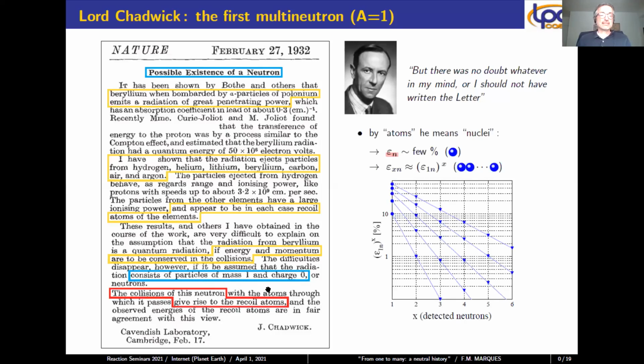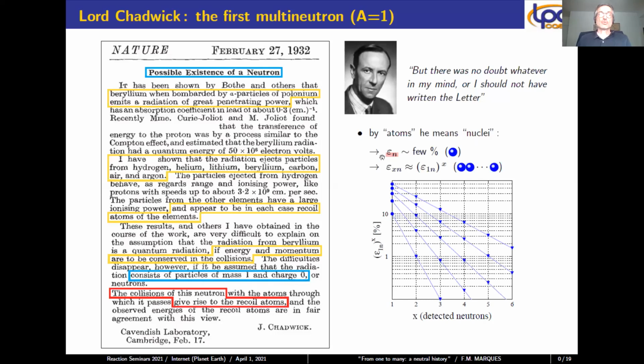And then in this same paper, in the conclusions, you see one of the problems in experiments involving neutrons: the neutron is neutral, so it has to collide with a nucleus. He said atoms, but by atoms he meant at that time nuclei.